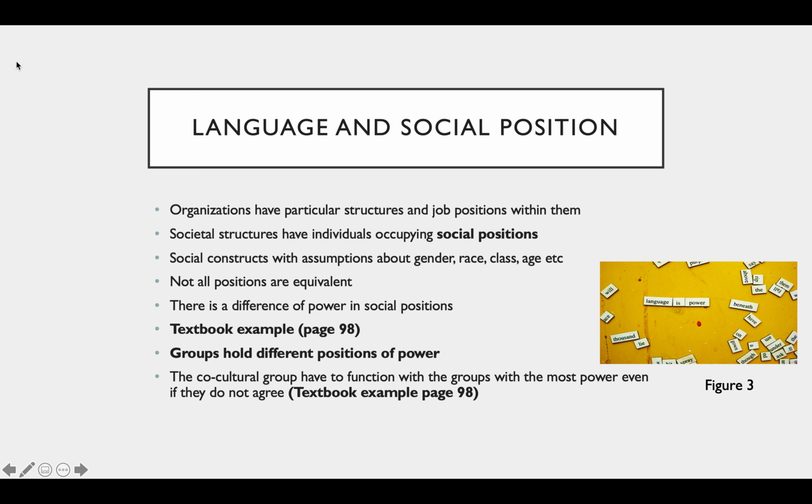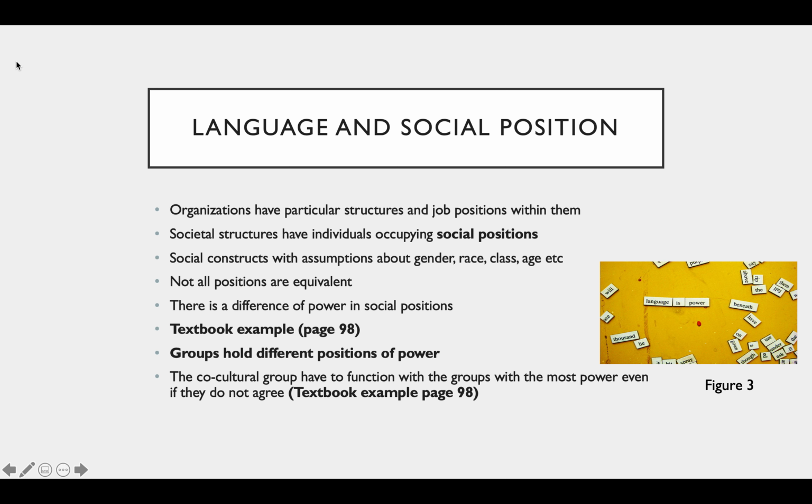Language and social position. Over here, we first note that individuals occupy social positions, and there are also social constructs, such as assumptions about gender, race, class, age, sexuality, and so on. The different positions can help our understanding of communication, and not all positions within society are equivalent, because not everyone is the same in the organizational hierarchy.